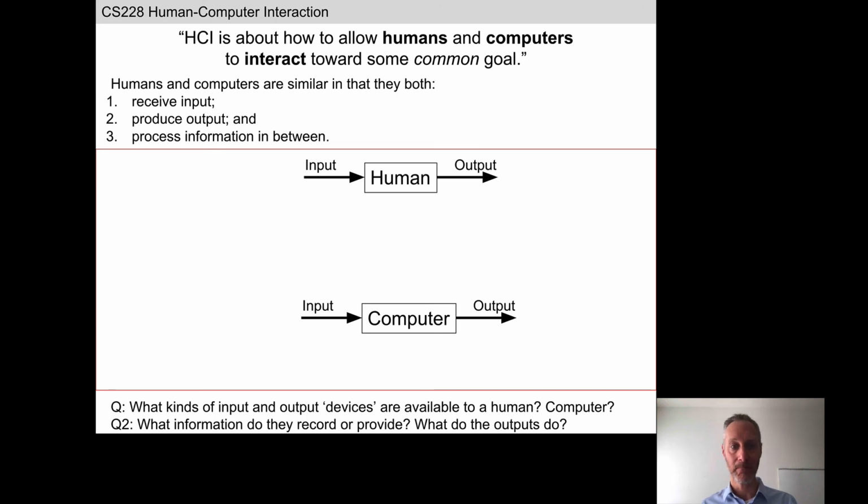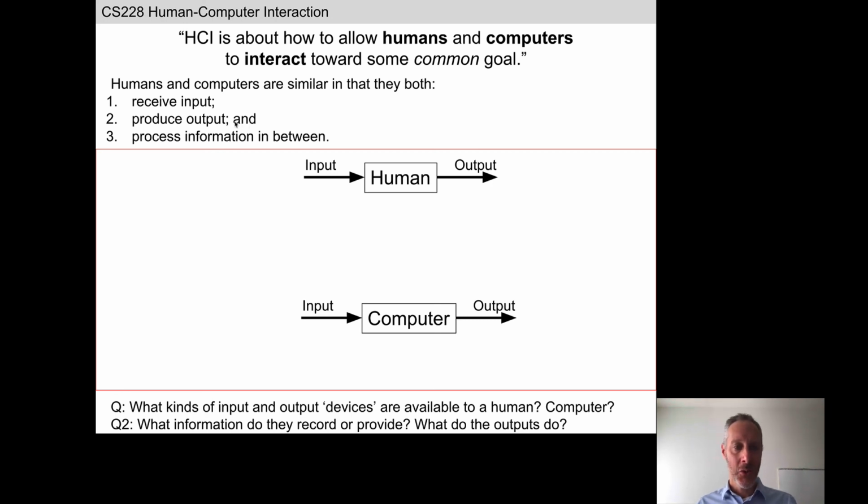Okay, so let's focus now on humans and computers. I'll use computers at the moment just for short form for any sort of interactive technology. Humans and computers are similar at a very high level, but the similarity will stop at this high level. What do they share in common? Both humans and computers receive input in some way and produce output in some way.